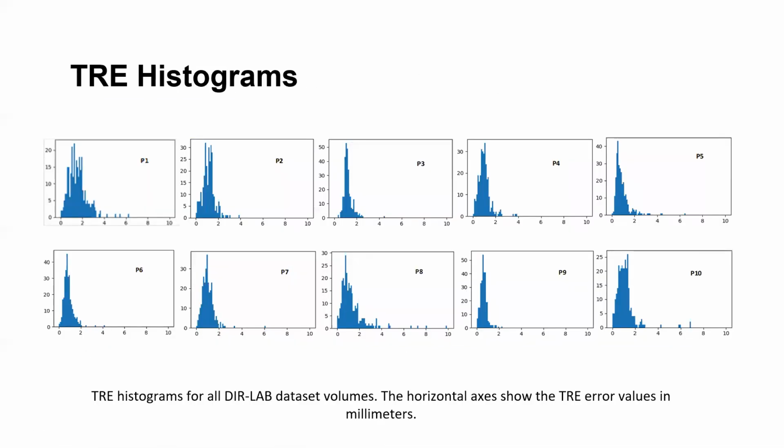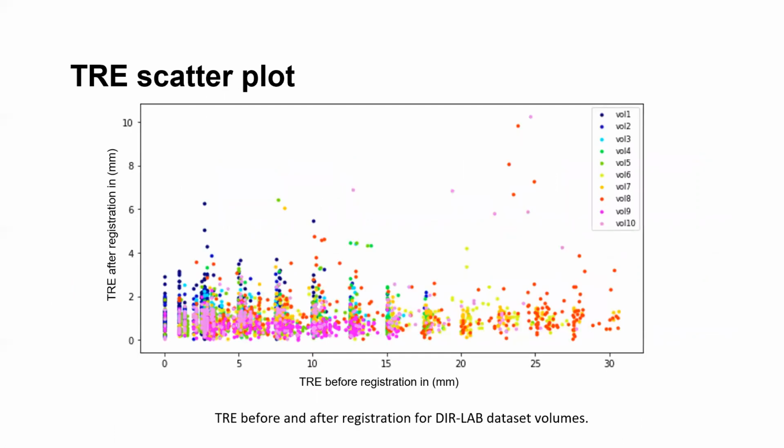This is the histogram of the target registration error. The only thing that we could look at carefully is case number 1, which is considered to be one of the simplest registration cases in this dataset. Our model didn't perform very well with that, and we will justify it later in the next slides. This is another representation of the target registration error before and after the registration, encoded for each volume.